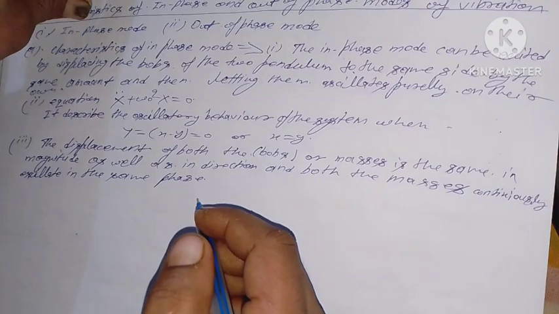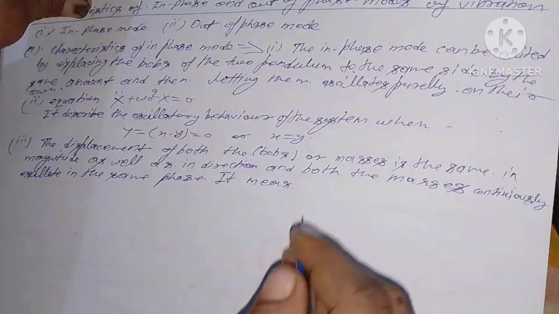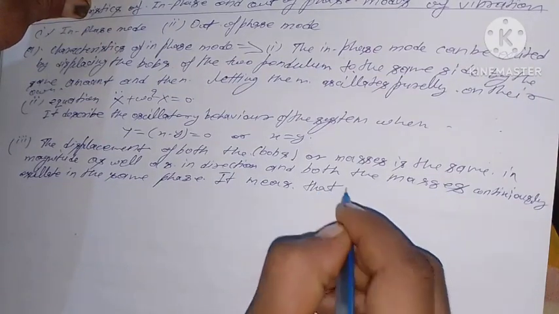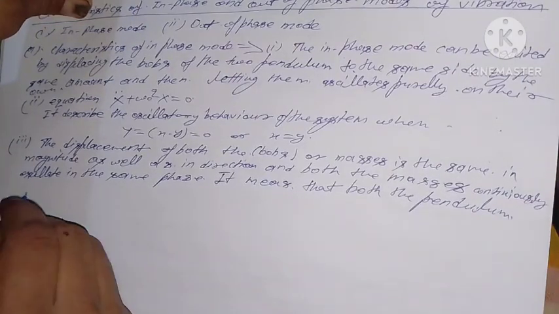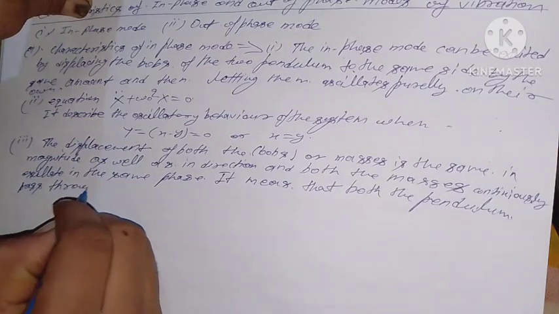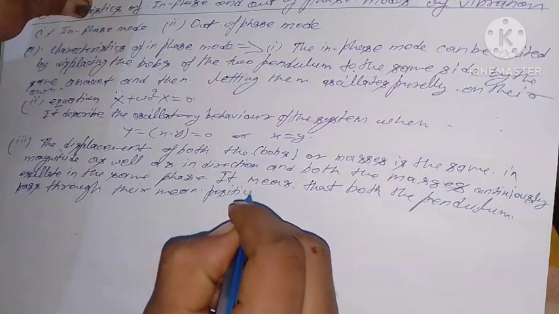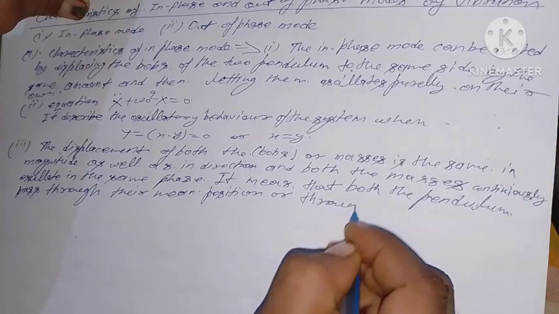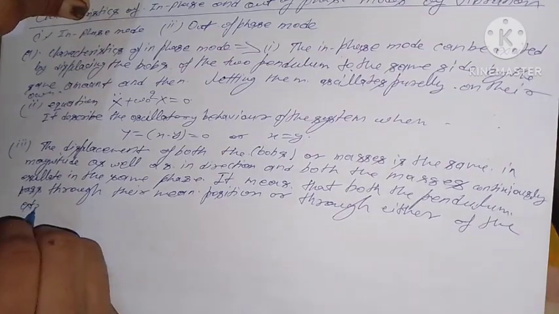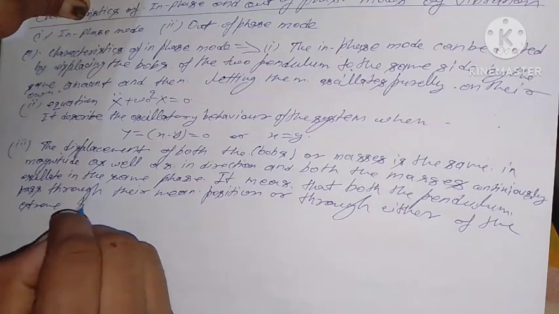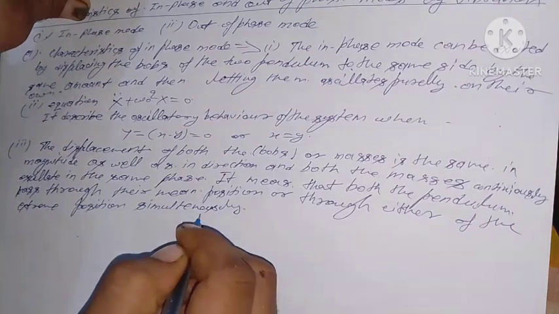It means that both the pendulums pass through their mean position or through either of the extreme positions simultaneously.